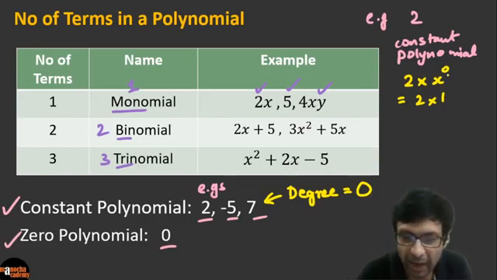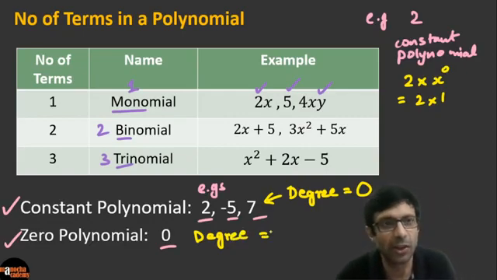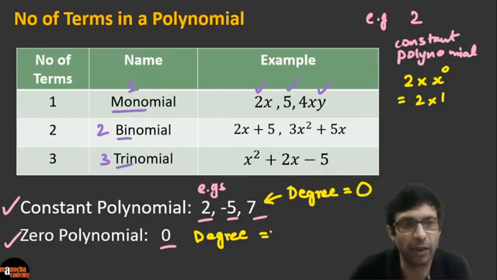Very good. And guys, what is the degree of the 0 polynomial? Who can tell me that? The 0 polynomial is a special one, and what do you think its degree is? Some of you are saying 0, some of you are saying 1. Great to see all of you trying. Let me give you a hint.